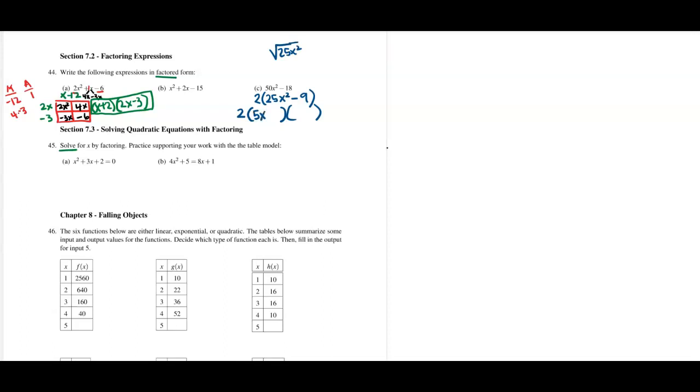So I'm going to put a 5x here and a 5x here, because if I multiply 5x by 5x, I get that 25x squared. And then do the same thing on the 9. If I square root the 9, that's 3. So I get a 3 here and a 3 here. And then one of them has to be plus and one of them has to be minus, because that's what makes the middle term go away.